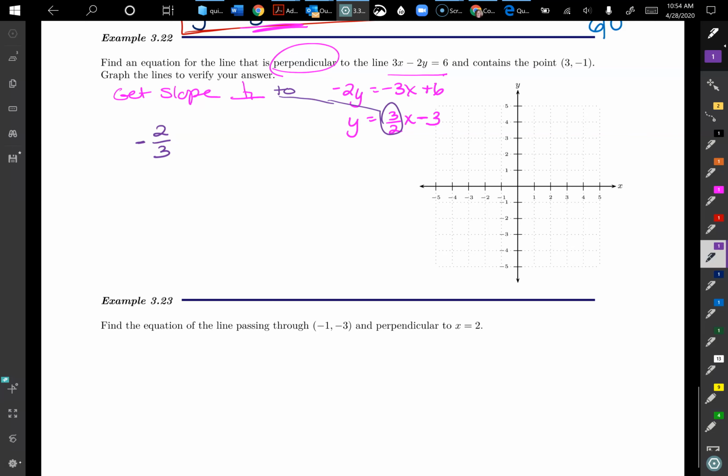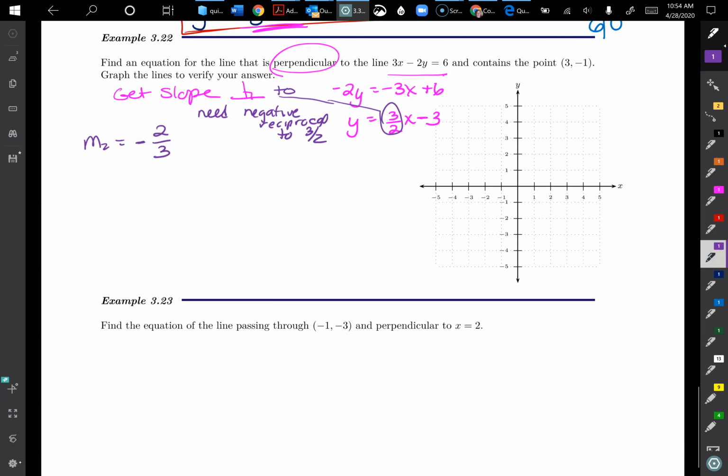We need the negative reciprocal. Just write that there. Okay, so that's what this is, our negative reciprocal of our second line. So we're going to say m2, the line perpendicular.